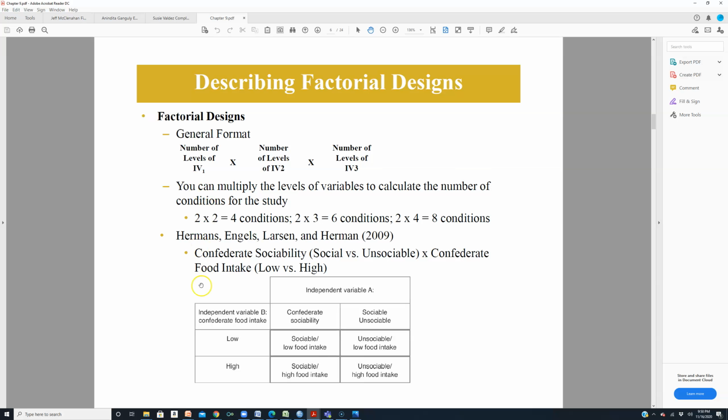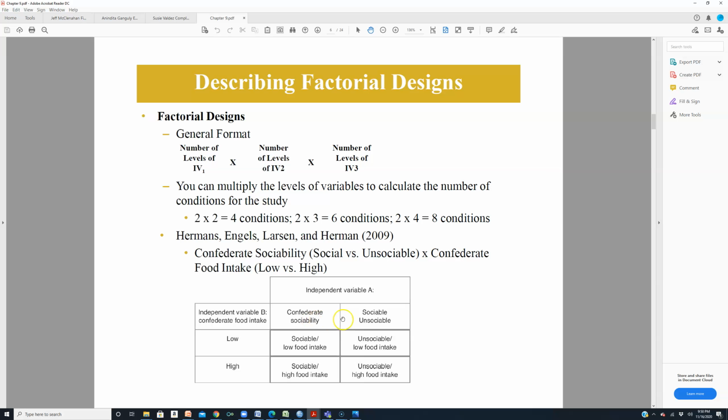In this particular study, there was a confederate who was either sociable or non-sociable, so they chatted or they didn't. And they ate a lot of M&Ms or they didn't eat M&Ms, and the researchers were looking at how that affected the food intake of the participant. So this is a 2 by 2 because I had 2 independent variables or 2 factors, and each one of them had 2 levels.